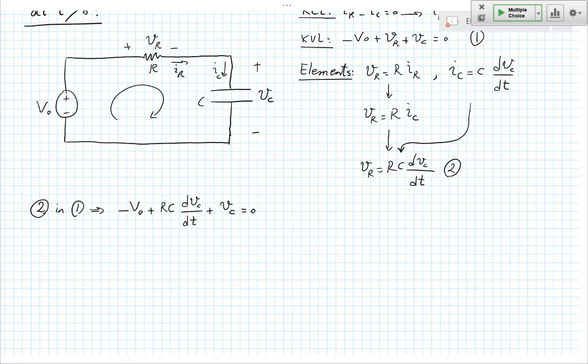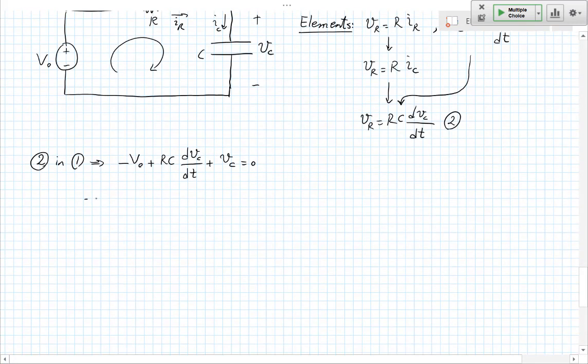Okay. And maybe to make it look a little nicer or more conventional, I'll just rearrange things. I'll say dVC by dt plus 1 over RC VC equals V naught over RC.